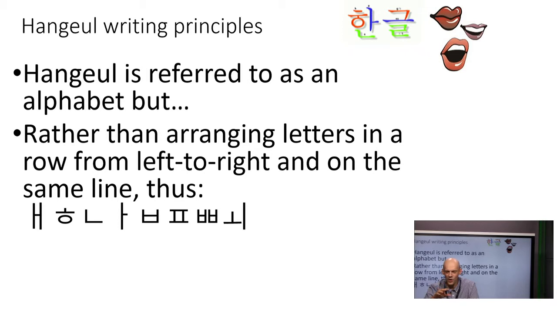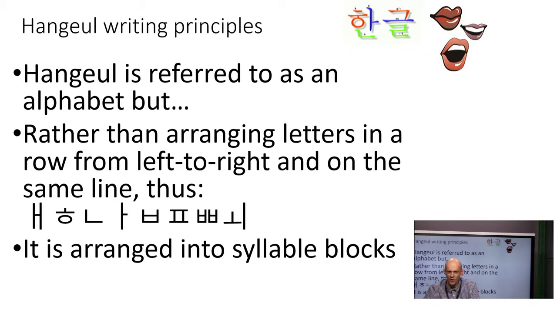So rather than arranging letters in a row from left to right and all on the same line like you see here, hangeul is arranged into syllable blocks, so little units of sound. And then these syllable blocks are arranged from left to right and on the same line.